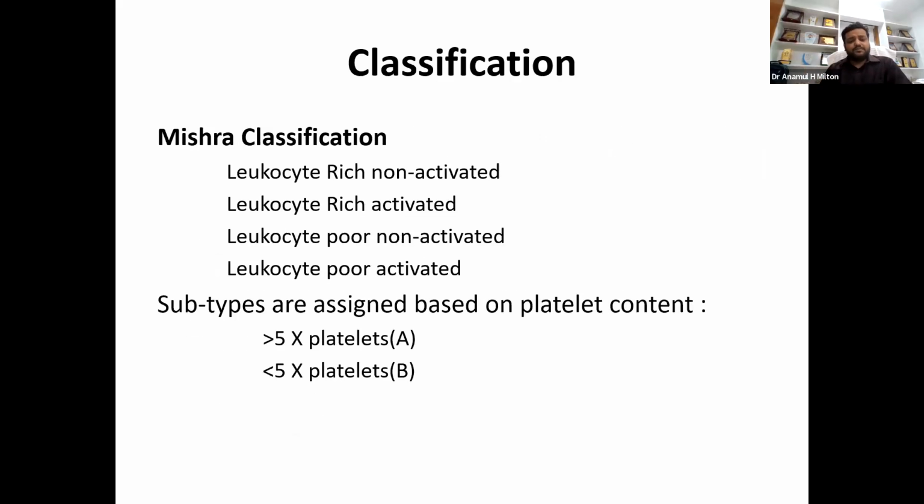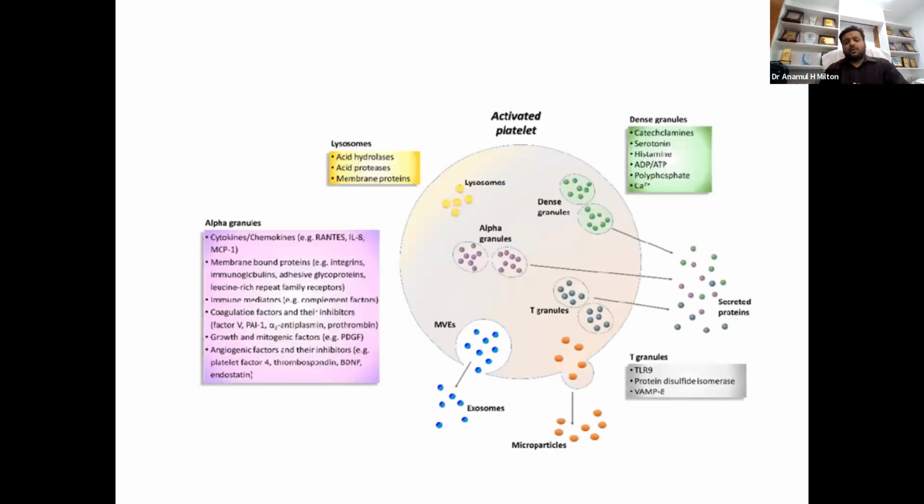There is another classification, the Mishra classification, which has leukocyte rich non-activated, leukocyte rich activated, leukocyte poor non-activated and leukocyte poor activated. Then there is the subtype: if the platelet count is more than 5 times the baseline, suppose my platelet count is 2 lakhs, and it is more than 10 lakhs per ml, that is called A. If below 5 times, that is called B. Now we have seen the activators.